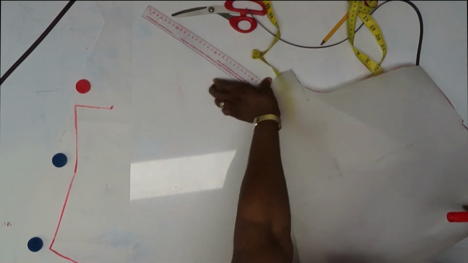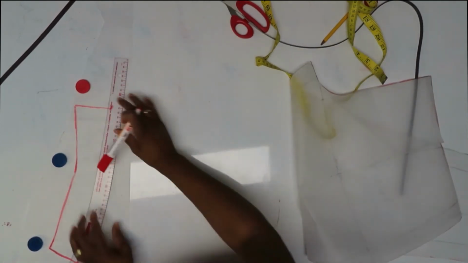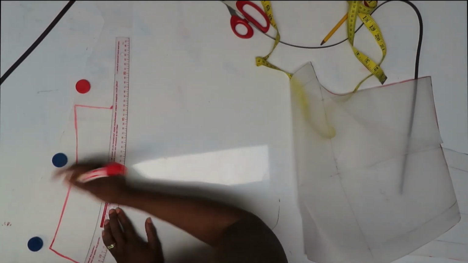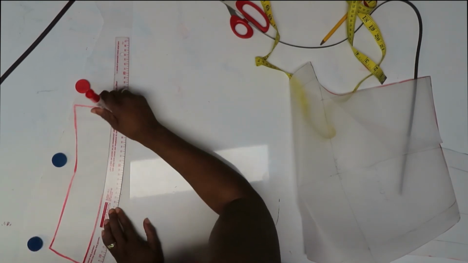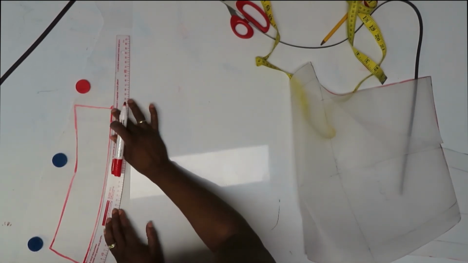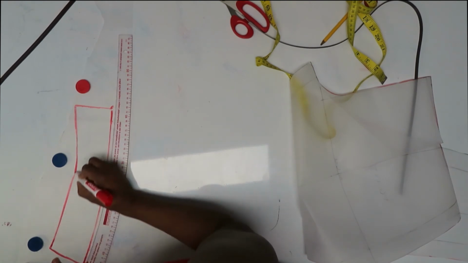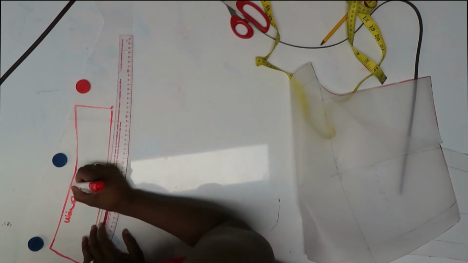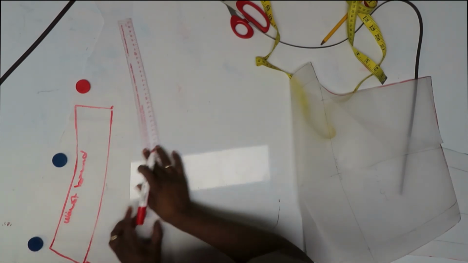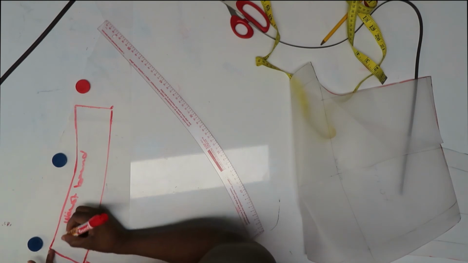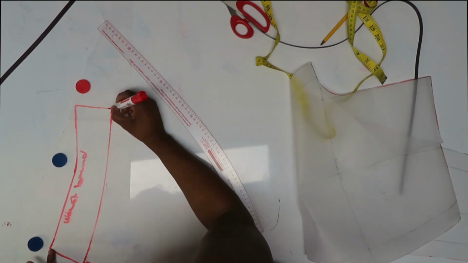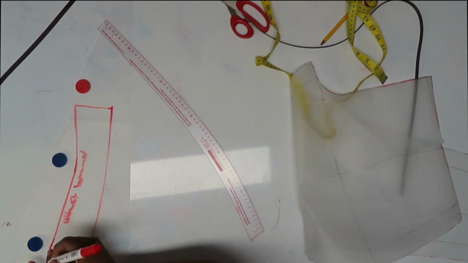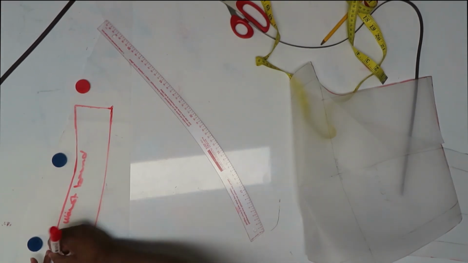So then I will connect my facing. Alright, see? So you can see your waistband. You can write it waistband. And then you're just going to cut the waistband in 1, because there is no zip at the front.